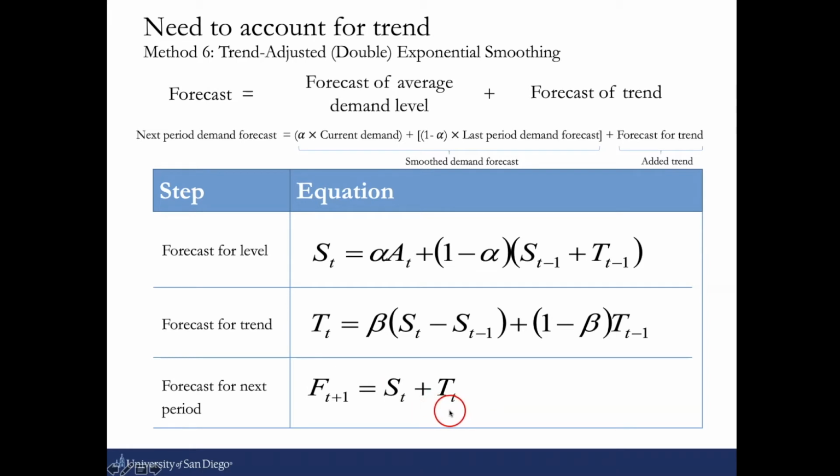Okay, so as you can see, these two equations resemble exponential smoothing, and because there are two exponential smoothing equations, we can call this the double exponential smoothing model. So let's take this to an example.